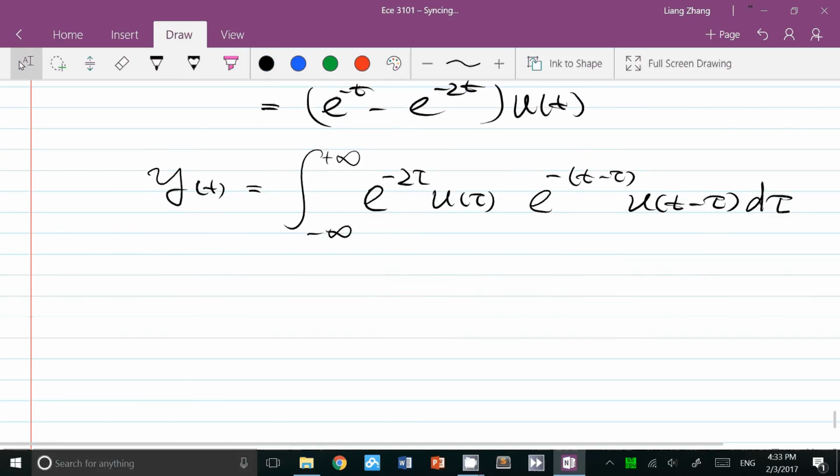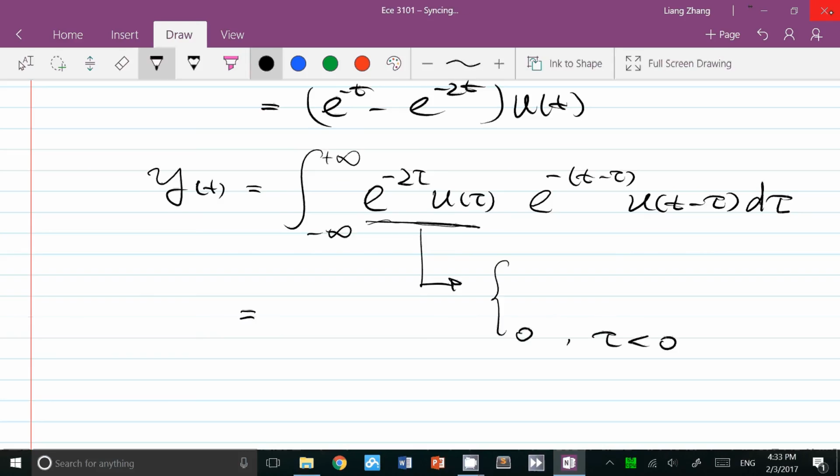Okay. Now, before we proceed to anything, there's one particular thing we can take care of first. If you look at all these terms, well, this is nothing we can do. But I do know that this term will be 0 when tau is less than 0.